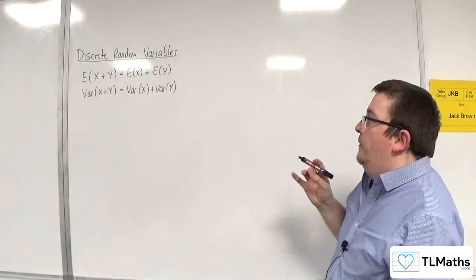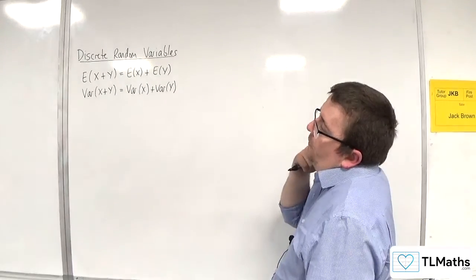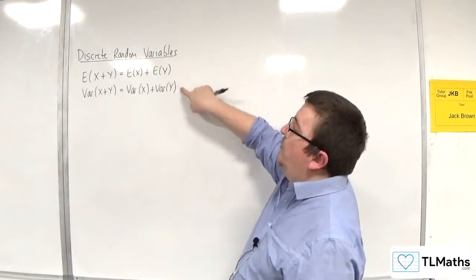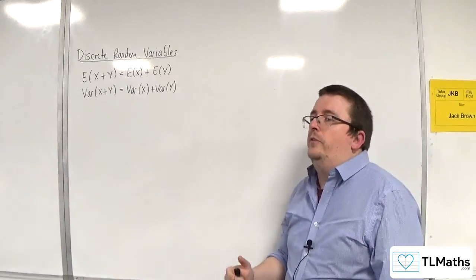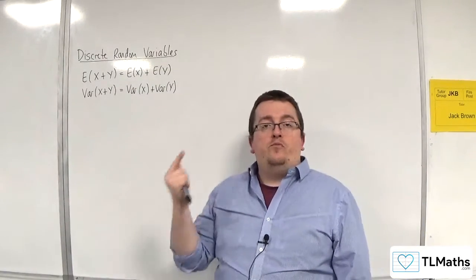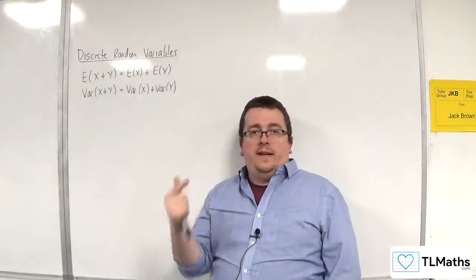Okay? Now, in the case of the expected value of x plus y, when we were thinking about independence, we were assuming independence in order to calculate the probabilities that were in the table.